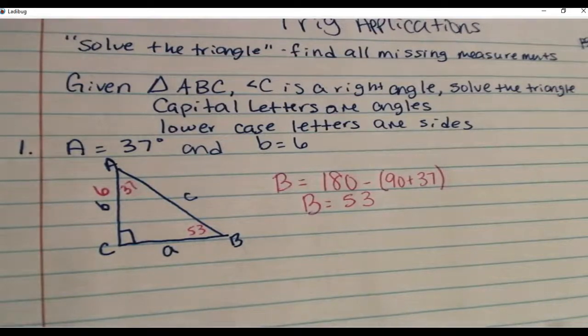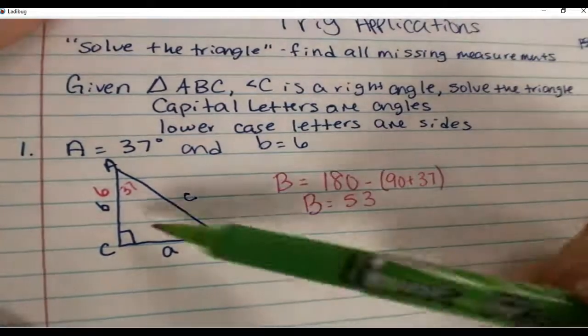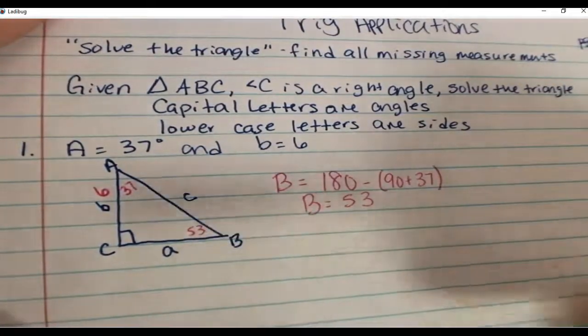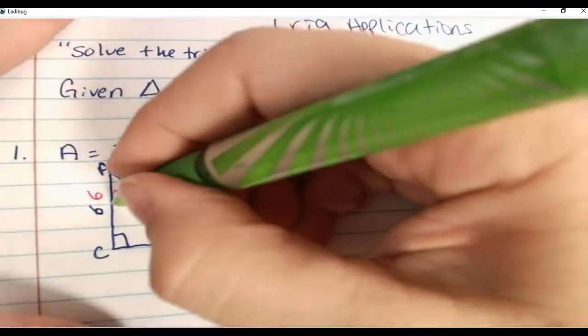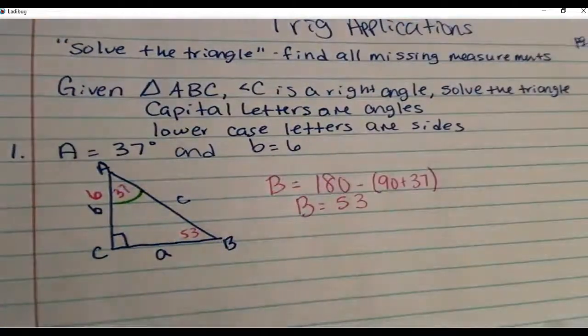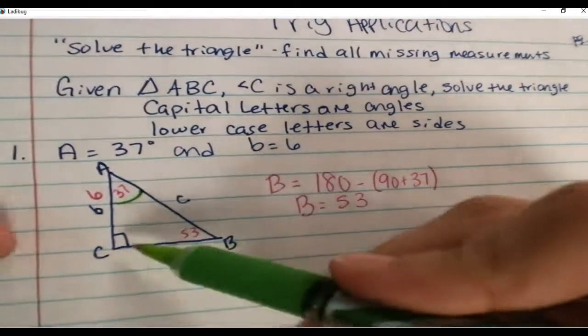To find the sides, though, we have to do trig. So we want to label the triangle, but you always label it based off of a certain angle. You can do the 37, you can do the 53, it doesn't matter. You get the same answer. I'm going to do 37 just because that's what they gave us. So I'm going to say 37 is my important angle. Here's my right angle.